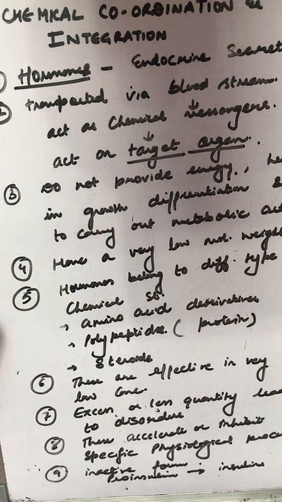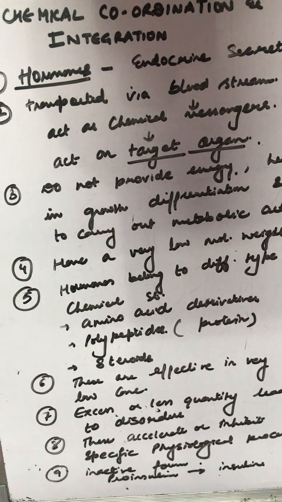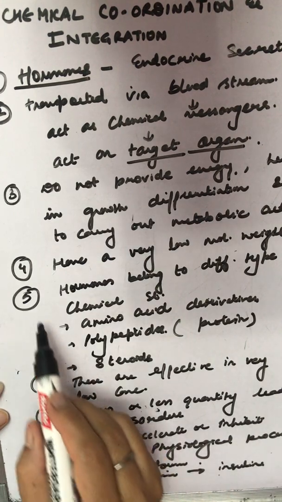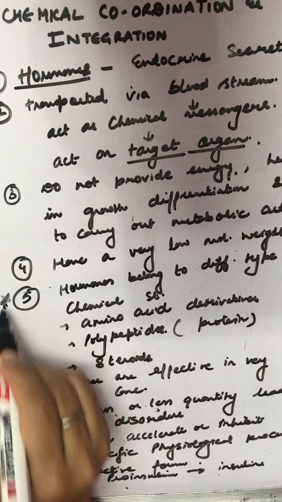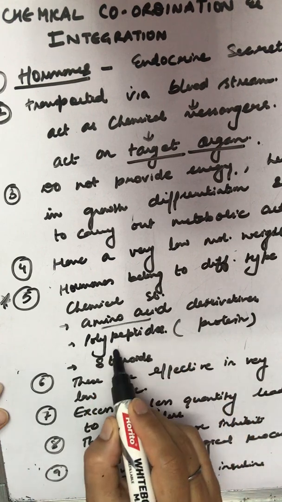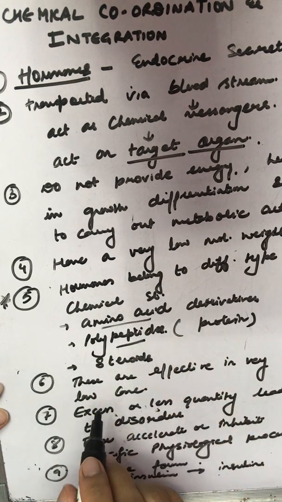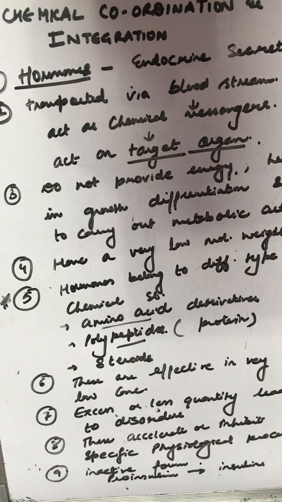This is all about the properties of hormones. Clear? Now we have discussed that they are of a variety of nature. They can be amino acid derivatives, polypeptides, then steroidal. Let's choose this part in detail.